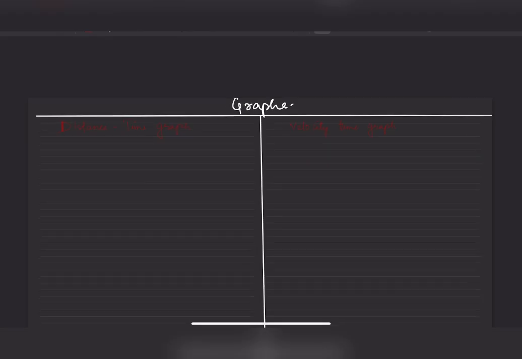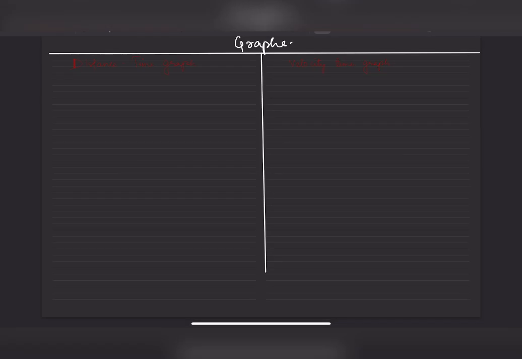Another one was the velocity time graph. Okay, I'll draw a single graph for both of these and make you understand the things. Let me draw a graph for this, and you'll understand everything from this particular graph.